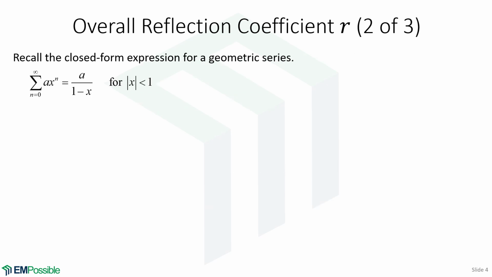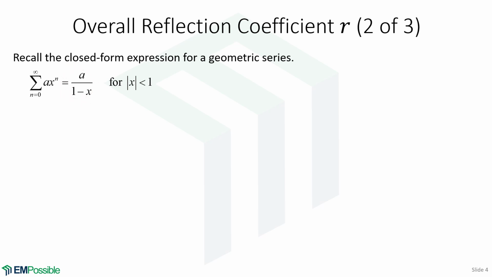There is what's called a geometric series, and some factor a times x to the n power. If the absolute value of this x is less than 1, in other words, these terms will continue getting smaller and smaller and smaller at a sufficient rate, this summation has a closed form expression, and we can write the answer this way.